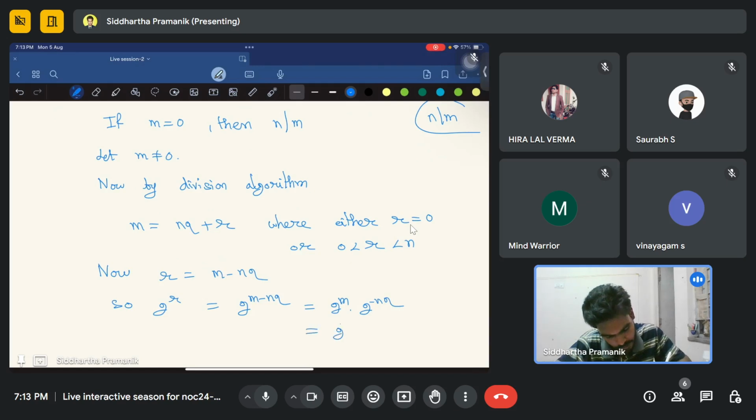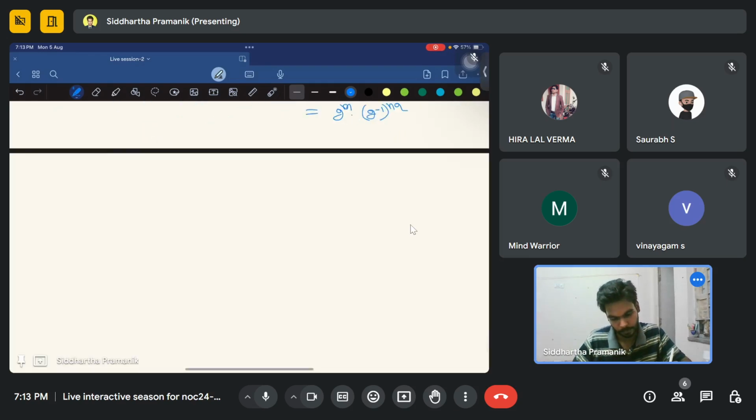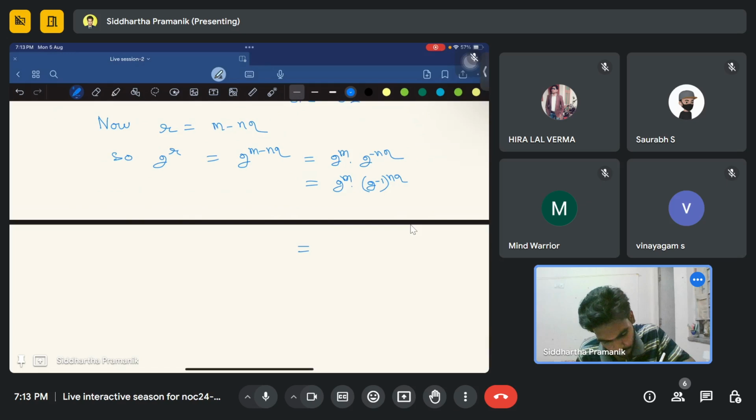This is the same as g power m times g inverse power n times q. Both of these are identity elements, right? So this is identity and this is also identity, so the product is identity. So we are getting g power r is identity.